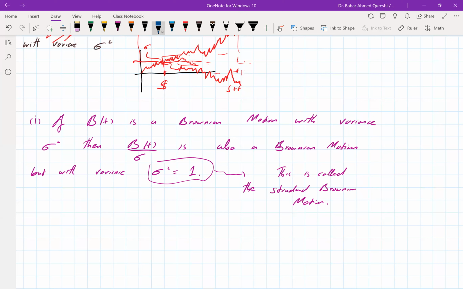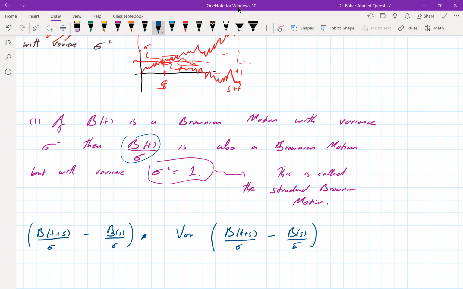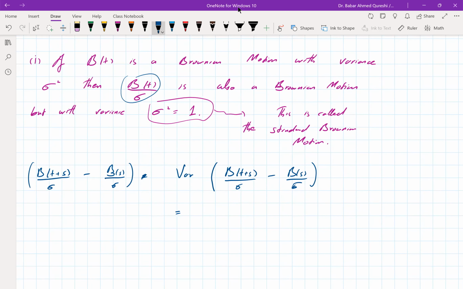So this is very easy to see, because if I consider this variable, the new one, and take this difference, then the variance of this is just gonna, because the variance you get square out, and this variance by assumption is sigma square, so this gives you sigma square t.